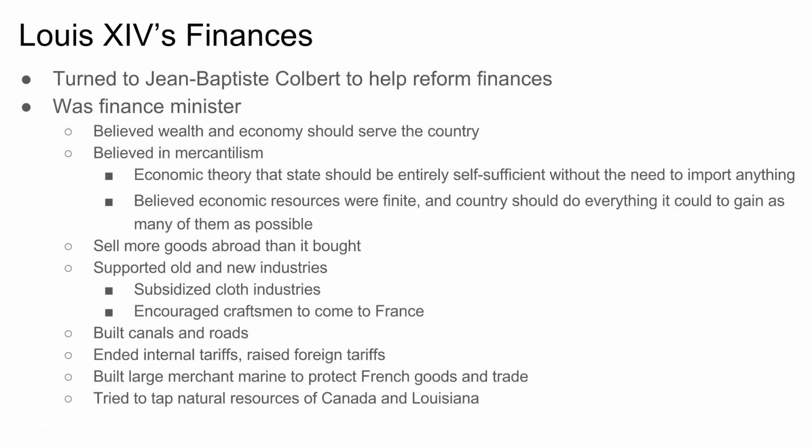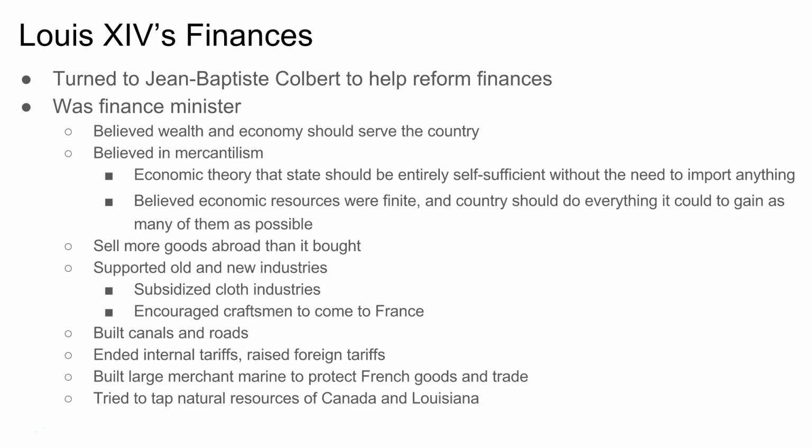And so in order to fix this, Louis really relies heavily on his finance minister, Jean-Baptiste Colbert, to help reform the finances. And Colbert believed that the purpose of wealth and the purpose of the economy was to serve the country. So he wanted to do everything he can to grow the economy, because if he grew the economy, then that meant that the country was stronger.